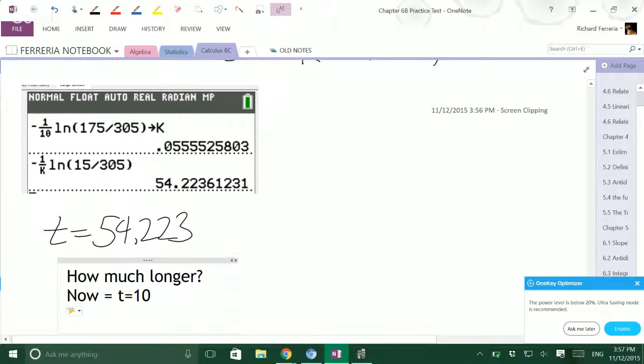So it's going to be 54.223 minus those 10 minutes. It's going to be 44 minutes longer. That's to round to the nearest 5 minutes.